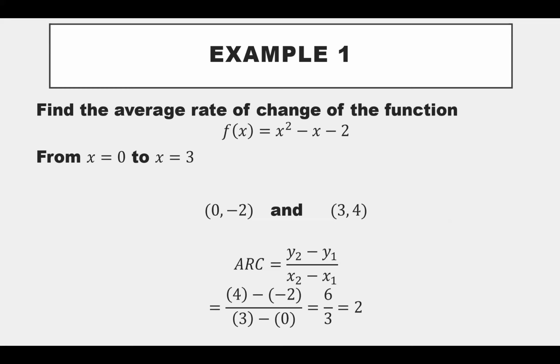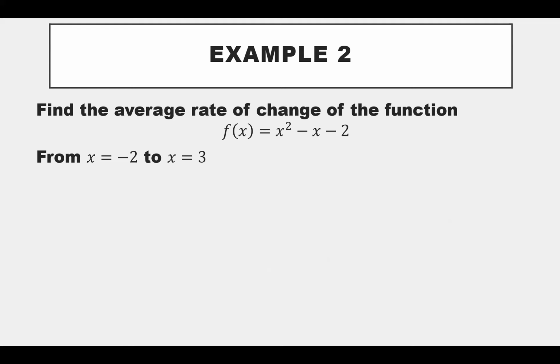That's the difference in the y values, divided by 3 minus 0. That's the difference in the x values. And that gives me a positive 2. So the average rate of change from x equals 0 to x equals 3 on this function is 2. And that's the slope of the line because we would have had to go up 6 units and to the right 3 units to go from this point to this point.